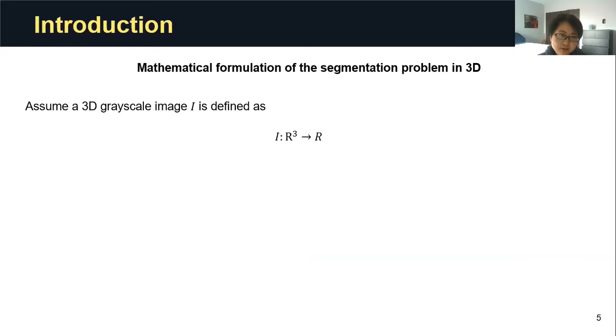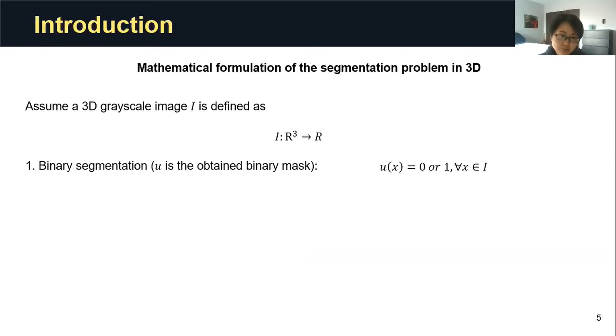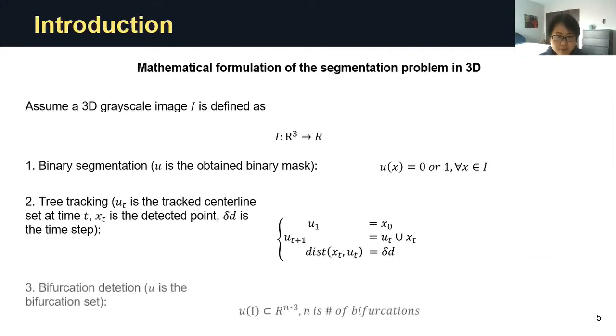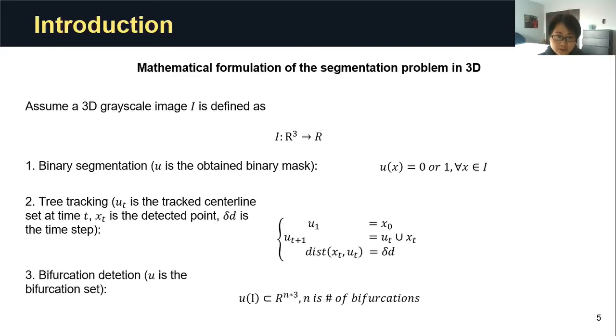For the mathematical formulation, there are three main formulations. One is binary segmentation, which projects a 3D grayscale image I onto a binary mask, so the output is either 0 or 1. Another formulation is tree tracking, an iterative process which accumulates data in the 3D image to form a tree structure.